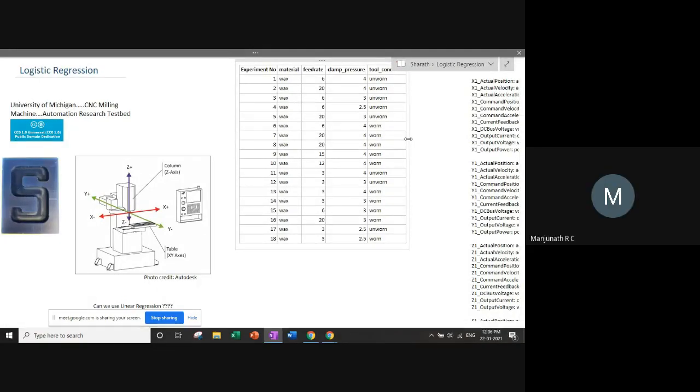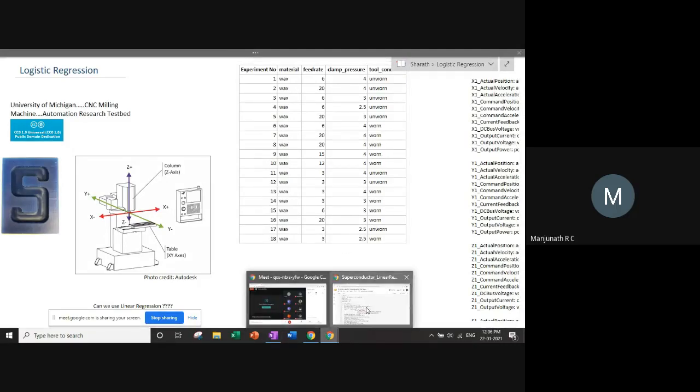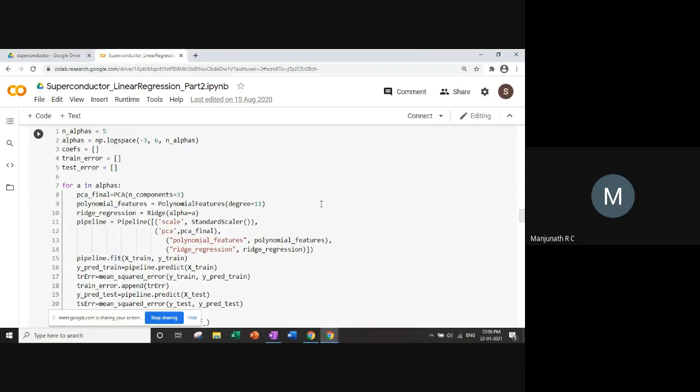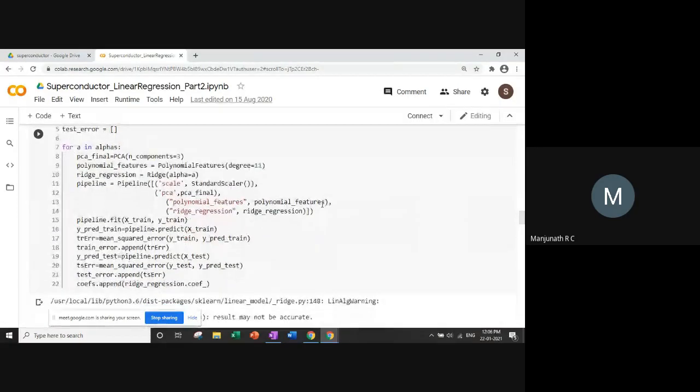Just move on, sir. Any participants, if you have any doubt while running this particular code, you can ask, sir. If not, we'll move on. Okay, sir. You can move on, sir. Okay.